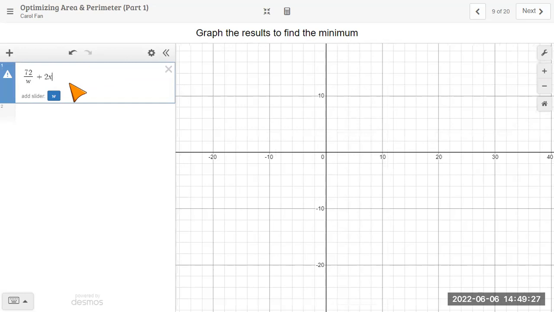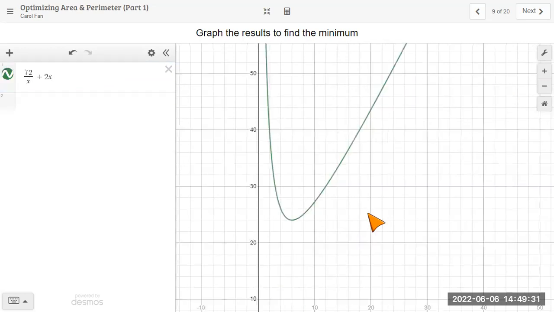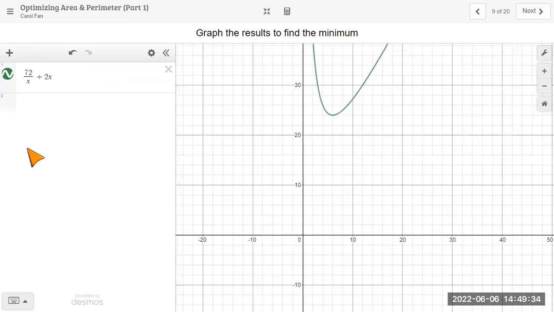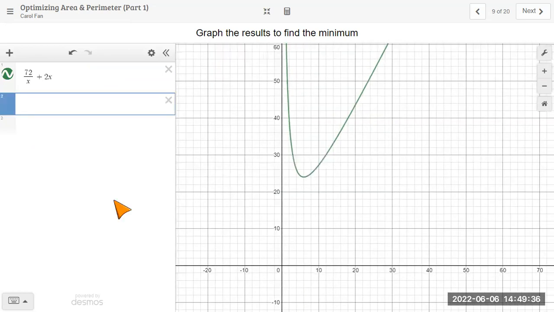I'm going to substitute instead of W, I'm going to use X. Now we know that our X coordinate is the width, and our Y coordinate is representing the perimeter. Okay, I zoomed out so that I was able to see the graph.